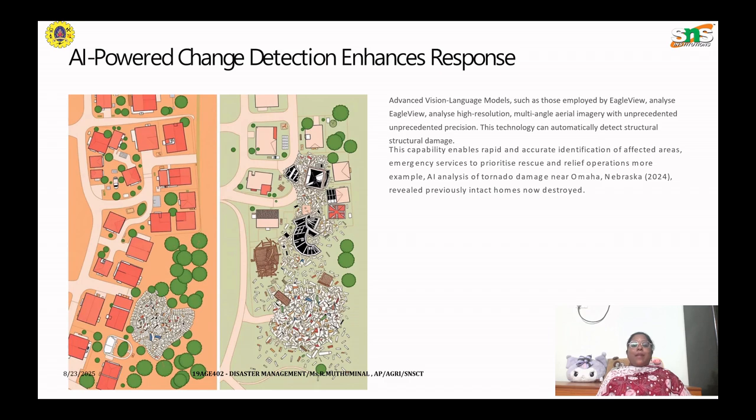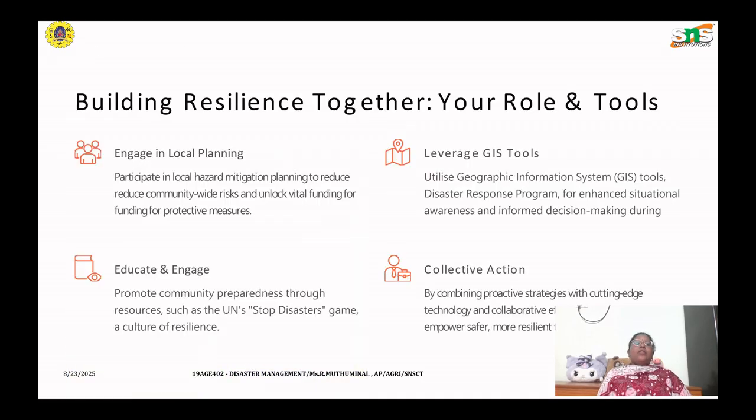So here an example of the tornado damage near Omaha is shown in these images as an AI powered change detection enhanced response. With this we can identify the building resilience. So what do we have to do and what are the tools?